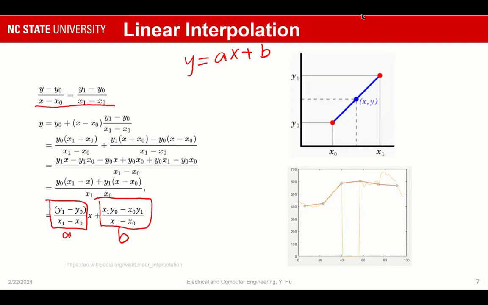In this way, you can find every point on the blue line. This is the way you fill in the missing data. The bottom right figure is an example I did for missing data restoration by the linear interpolation method. This is given by MATLAB code. This example code is given in the homework setup, so you can find it on my GitHub.